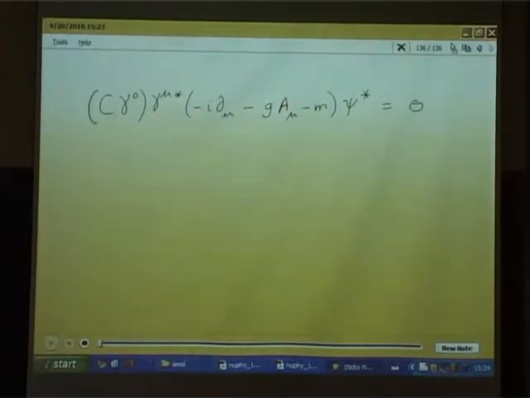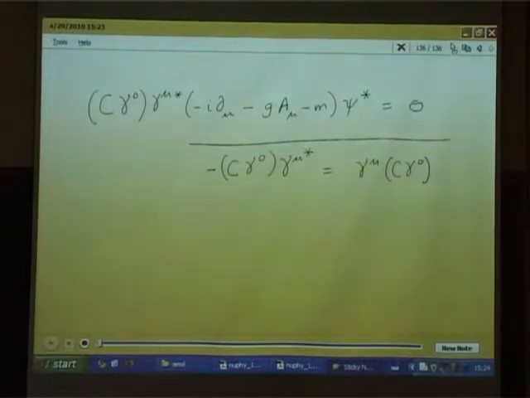Now I choose my C times gamma 0 such that C times gamma 0 times gamma mu star, times a minus sign, is equal to gamma mu times C times gamma 0.